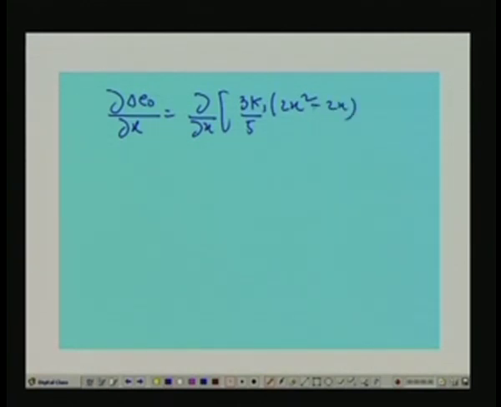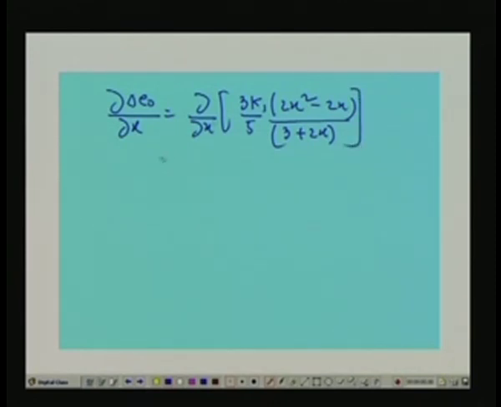Now, let us take a new page. To see whether the error is maximum with respect to x, we differentiate delta E naught with respect to x. So, we will get d by dx of 3 k1 by 5 times 2 x square minus 2x by 3 plus 2x.